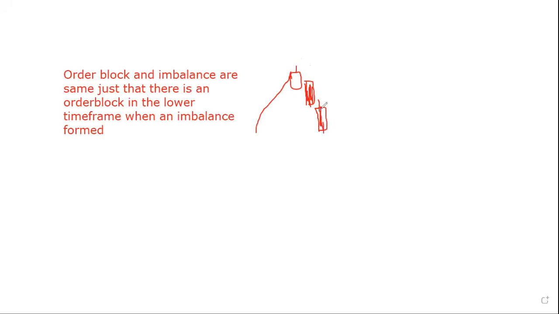It put price away from a particular region very quickly. That is what an order block does. It pulls price away from a particular region very, very quickly. These are the bearish candles.